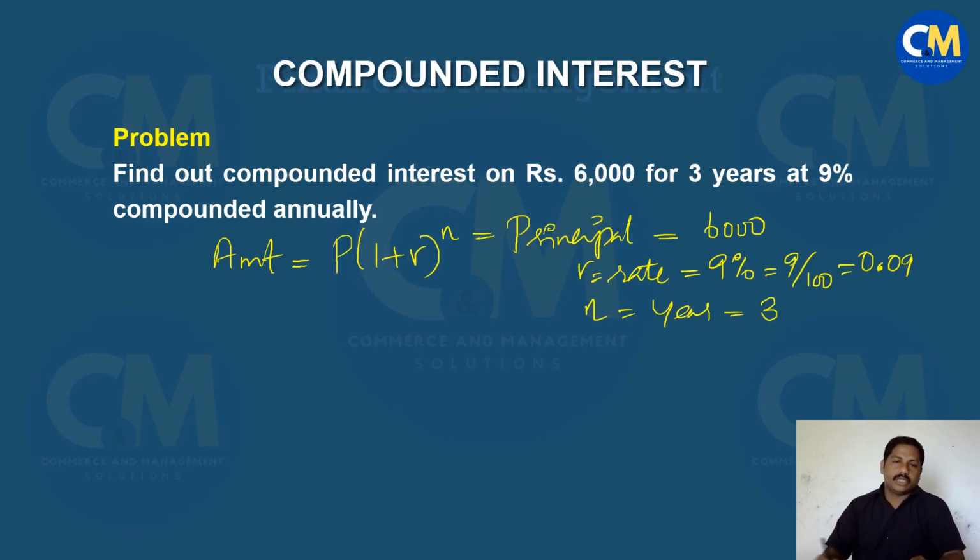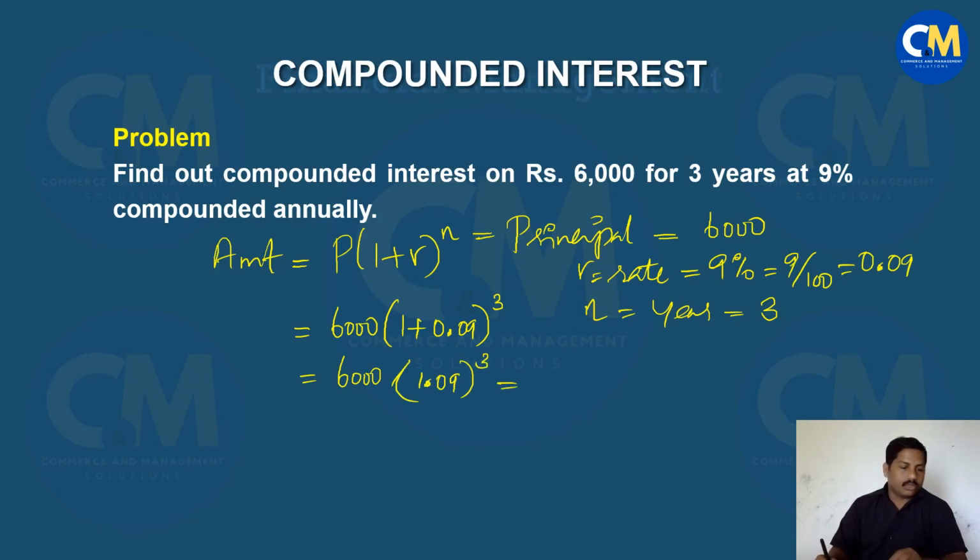Just apply all these values in the equation, then you will be getting the total amount, not interest. So here we can write 6,000 into 1 plus R, which is 0.09, raised to N, which is 3. Then you can write 6,000 into 1.09 raised to 3, that is 6,000 into 1.29503.